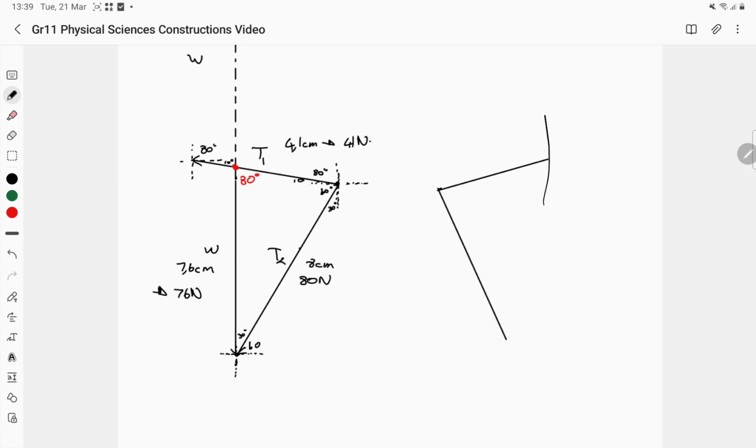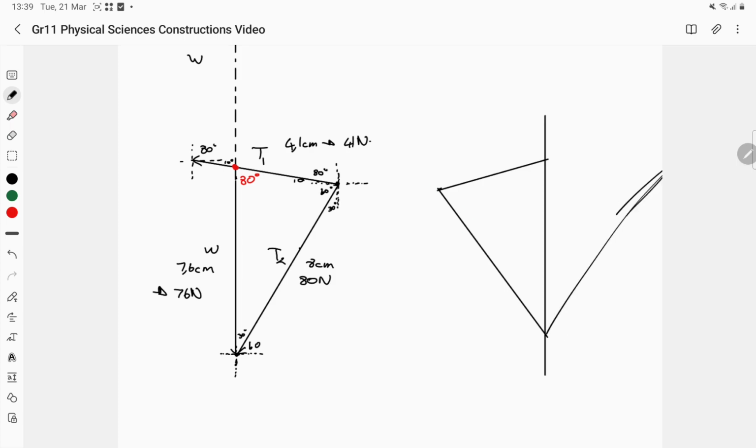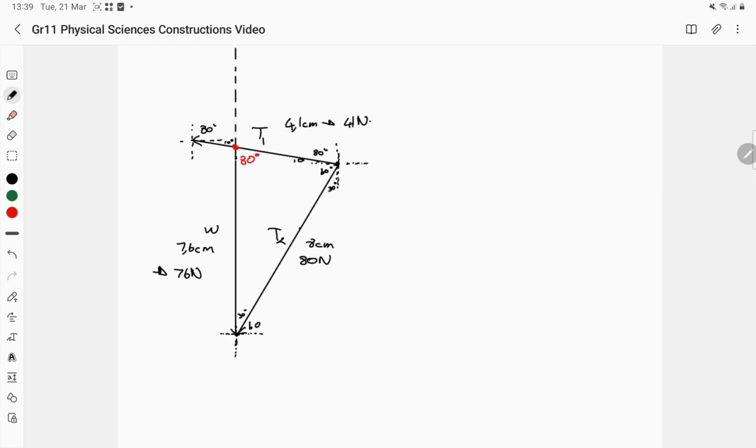Let's just follow my rules and start with the vertical, right? Okay, that's about right. If yours looks like this and it's mirror imaged, it will be wrong. It's wrong because our T2 vector has to be to the right. But I'll show you now what it can look like.